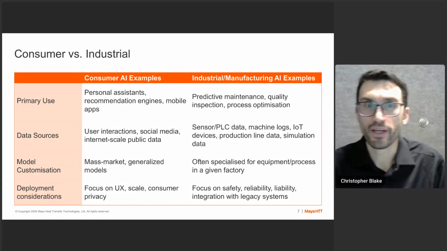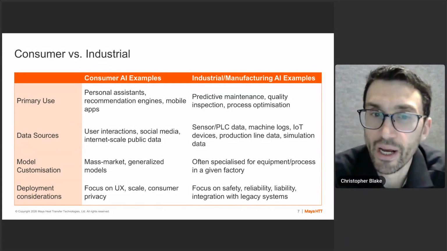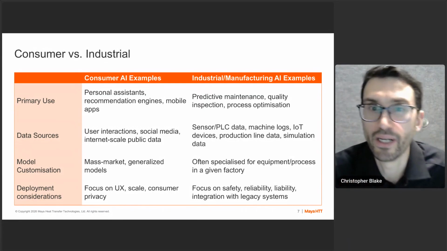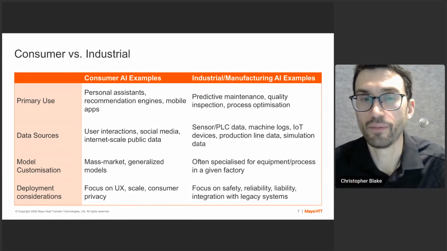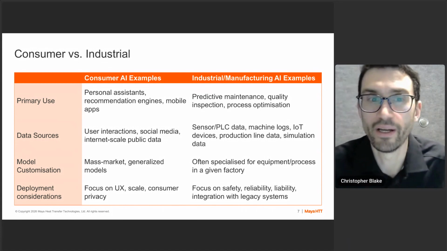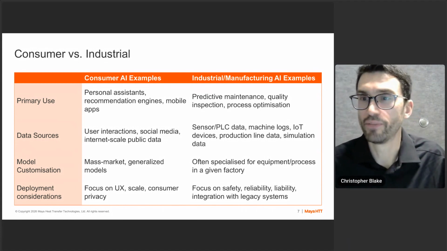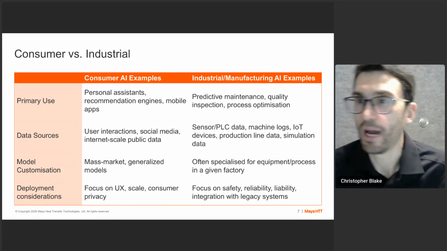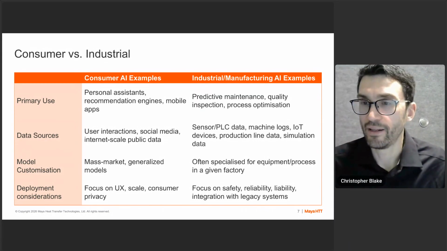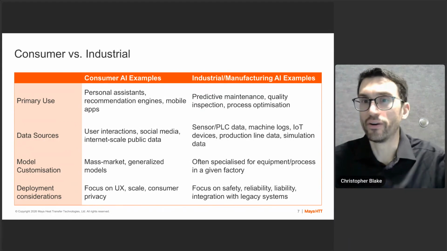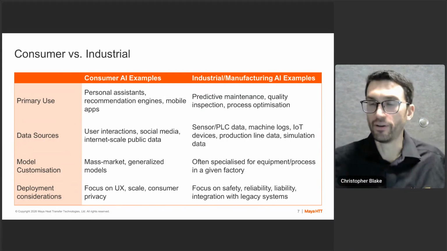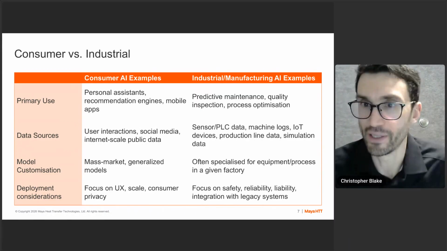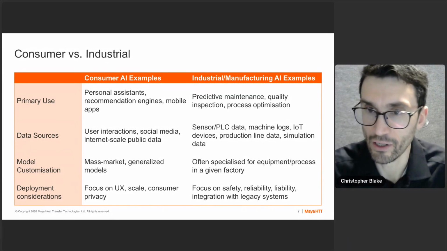Just to further emphasize the difference between consumer applications of AI and industrial applications, here's a bit of a comparison table. When you think about consumer AI, it's more referring to personal assistants, recommendation engines, apps on your phone, and they draw their data from large scale compendia of data, like internet scale public data. That's where ChatGPT and Gemini get a lot of their data.